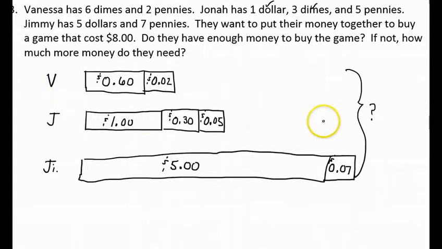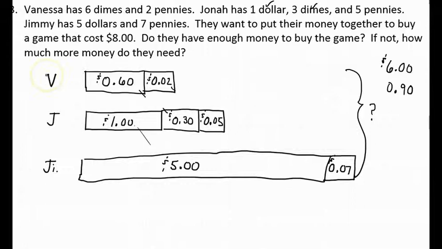Let's do some combinations here. So we're going to start with this. I'll combine my $1 and my $5. That's $6. And then let's add our 60 cents and our 30 cents. That's 90 cents.